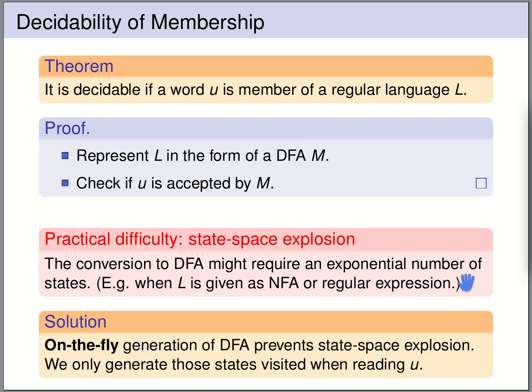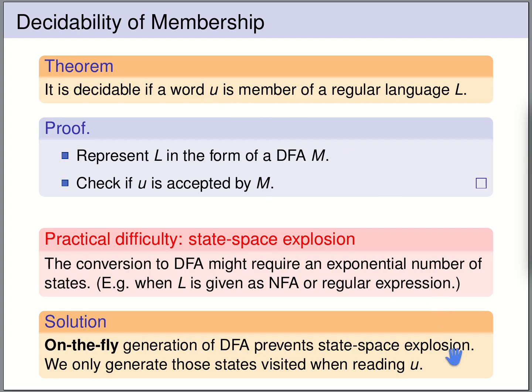The trick is that we do not need to generate the entire deterministic automaton. We know what input word u we are interested in. So we will only generate those parts of the deterministic automaton that are visited when reading the word u.